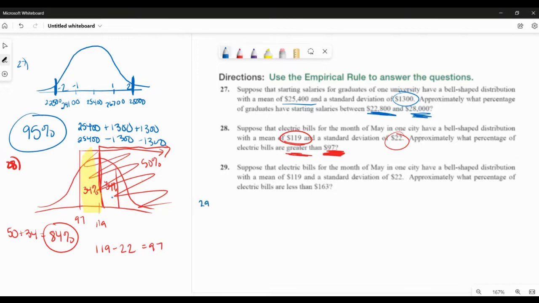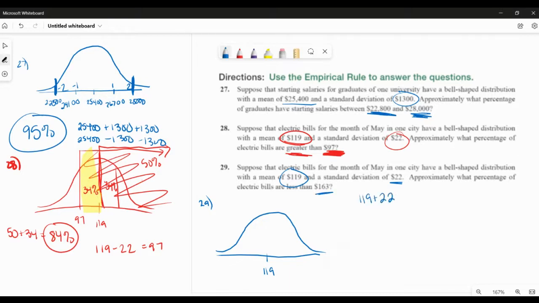All right. 29. Again, we have a mean of 119. Standard deviation is still 22. Now we want to know the percentage of bills that are less than 163.